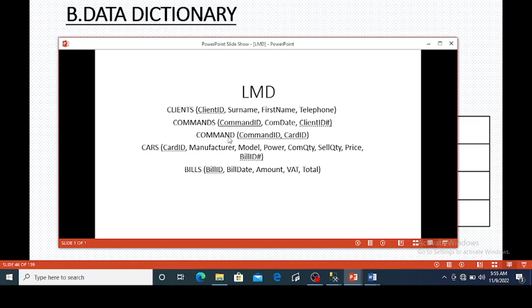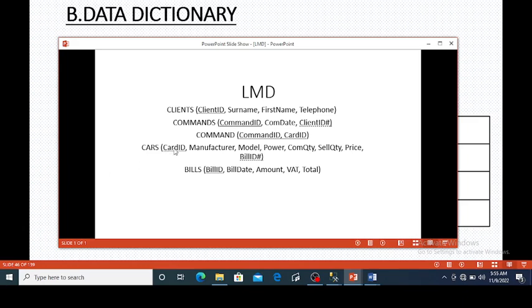It is called a weak entity because it is not sufficient. It doesn't have fields which are sufficient to make it a table. You can see this is the primary key of command, and this is the primary key of car.